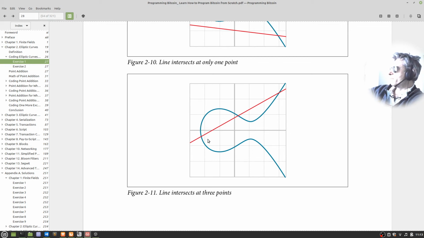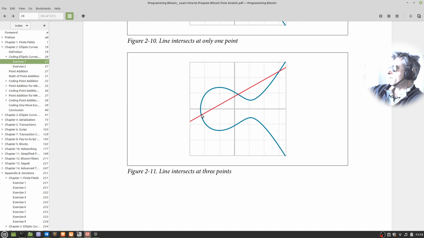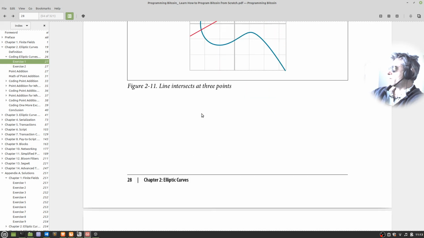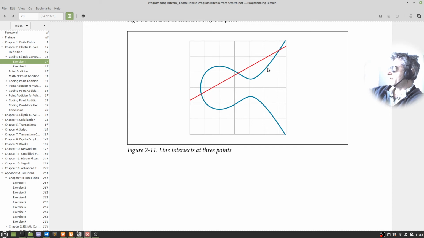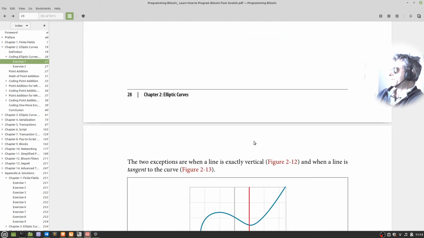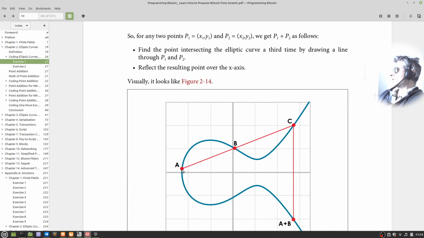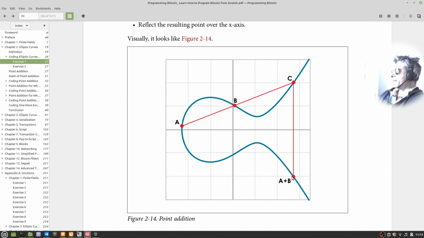So the clever bit here is where you've got a line, with an X and a Y coordinate. Here we go. If you've got some points, you can plot a straight line, and then that straight line intercepts the curve, and then you can do some clever stuff by adding A plus B, and then it mirrors it, and you end up with a point down here.